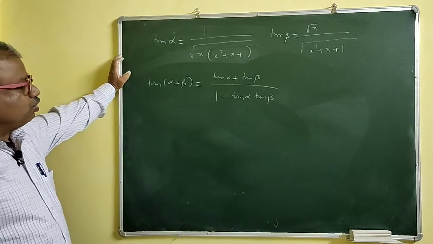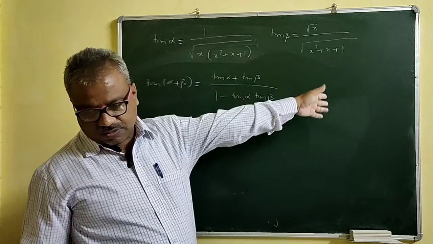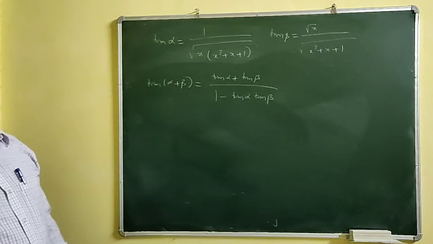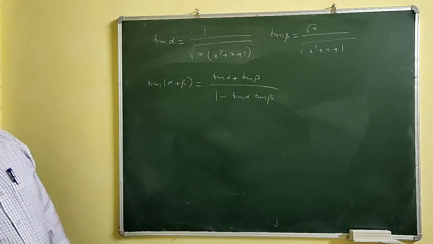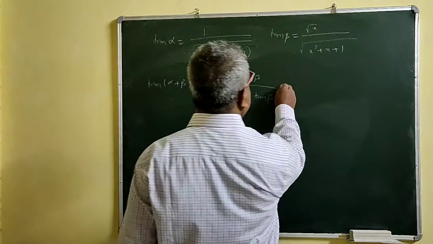What we want to prove is that this equals the root of x to the power minus 3 plus x to the power minus 2 plus x to the power minus 1, that means 1 upon x cube plus 1 upon x square plus 1 upon x. We will put in the values of tan alpha and tan beta.